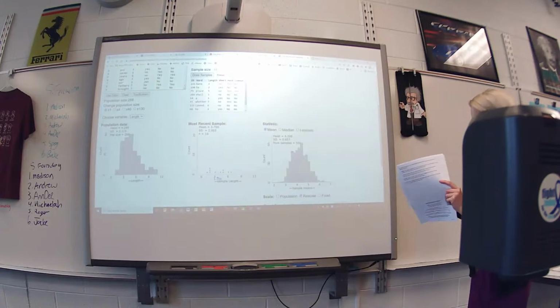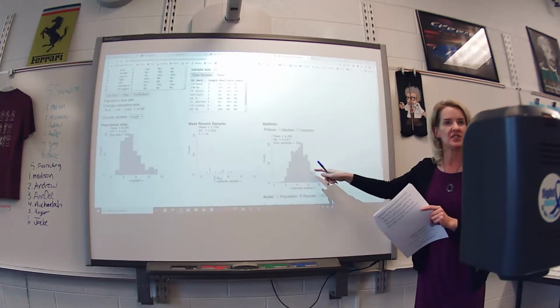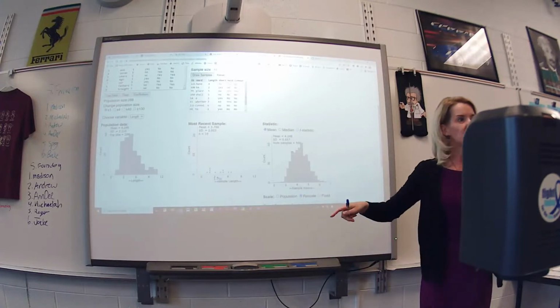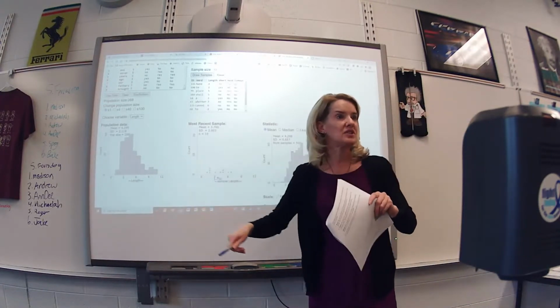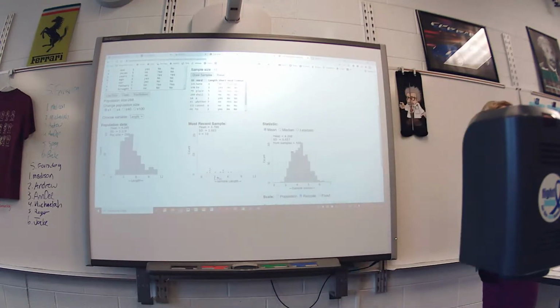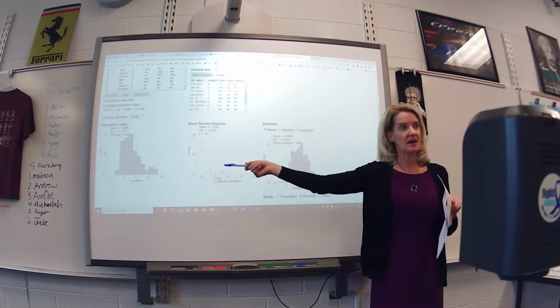But could you actually see that there still is a slight right skew to this? That was the reason I started with this Gettysburg Address example. I wanted you to see that if you start with a skewed distribution, the sampling distribution may still come in with that slight skew, but it's definitely not as severe as the original, right?